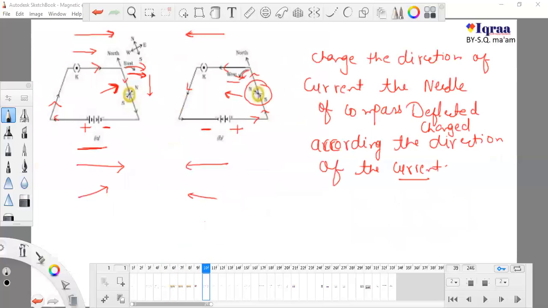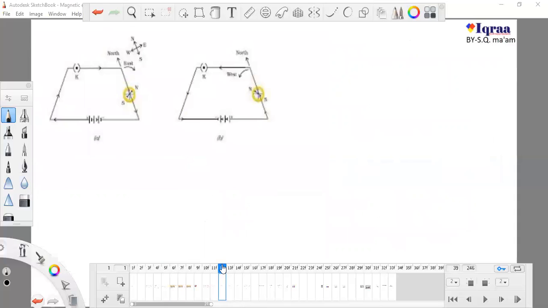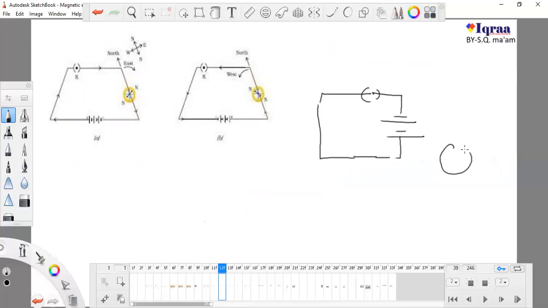He was doing something else, and this was a circuit, and a compass was residing nearby.